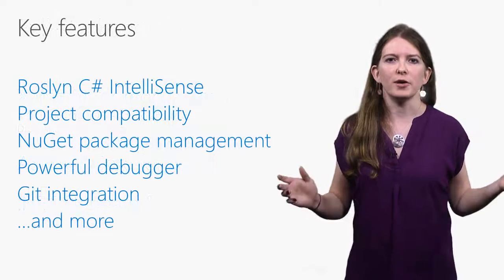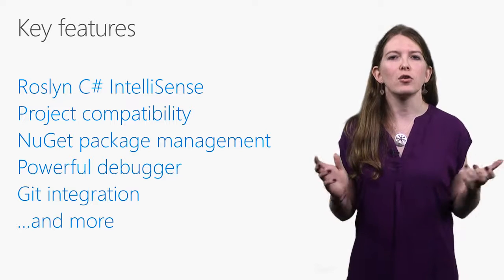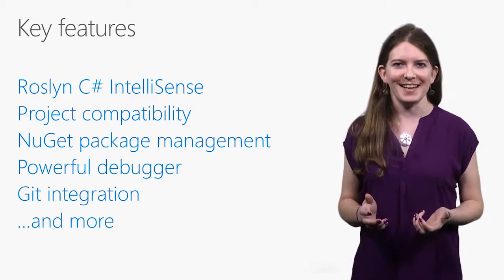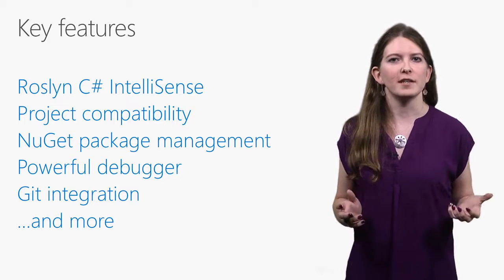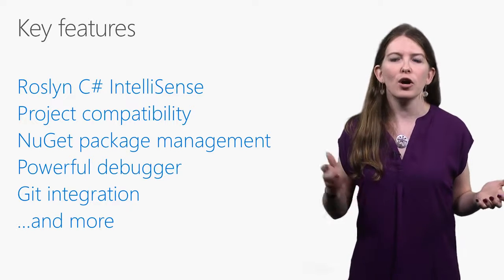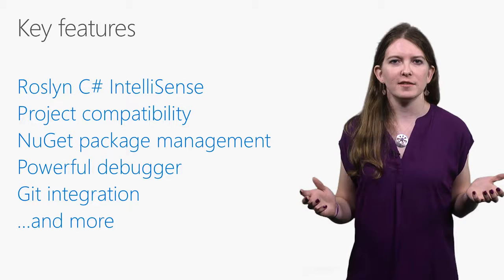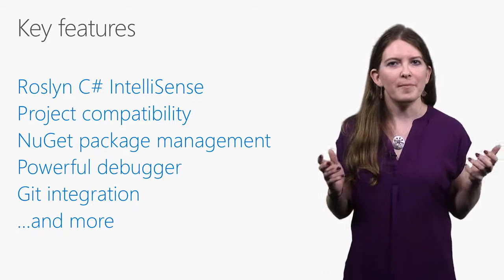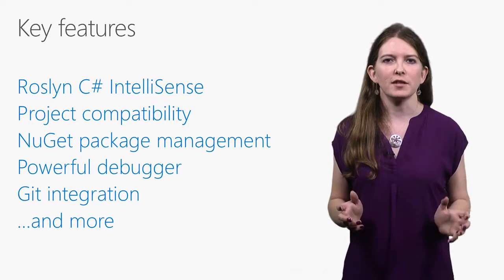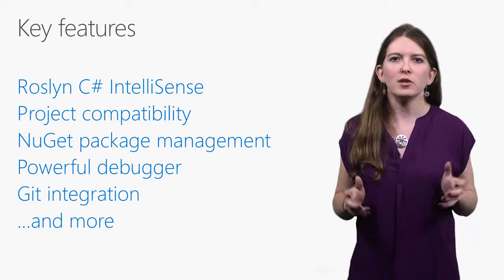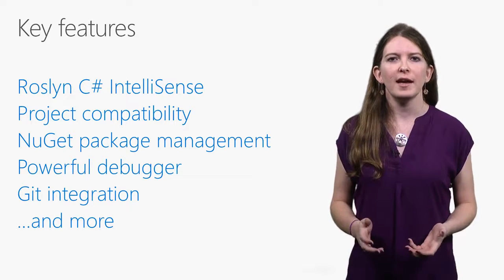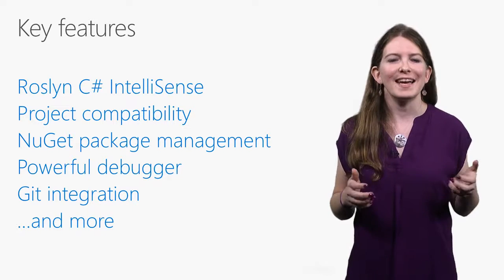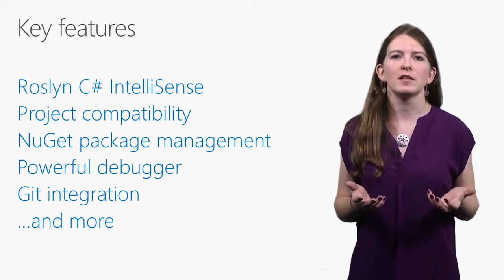In addition to these projects, there are all the other core features you'd expect to see in an IDE. There's rich C# IntelliSense powered by Roslyn with refactorings, code analyzers, and fixes. Visual Studio for Mac uses the MSBuild project format and build engine, so its projects and solutions are compatible with Visual Studio, and developers on Mac and Windows can easily work together.